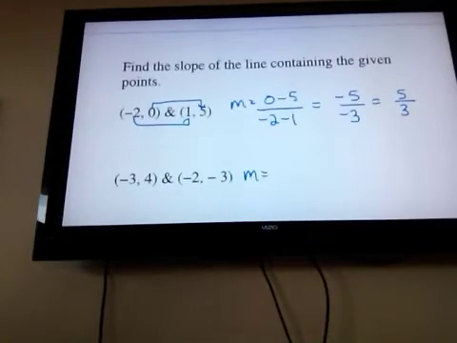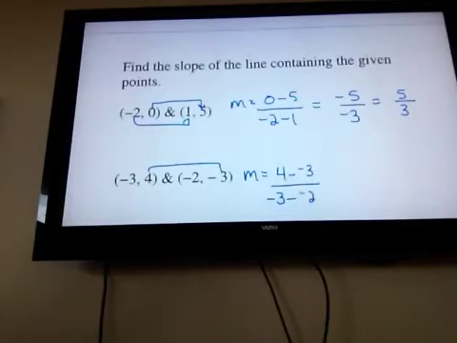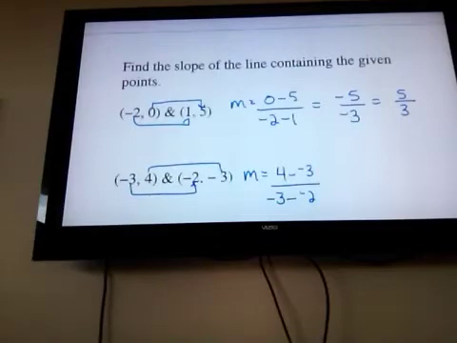So same thing in the next one. Y minus y, so 4 minus a negative 3 over x negative 3 minus my other x negative 2. Again, it doesn't matter which y you start with, just make sure you start with the same ordered pair x.